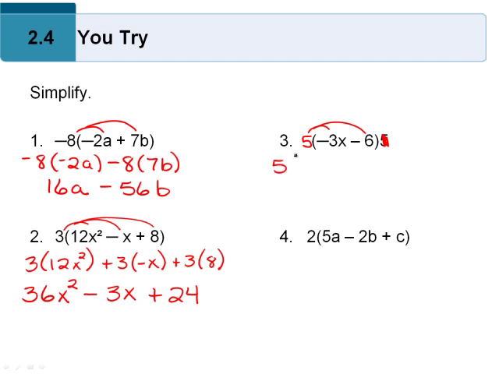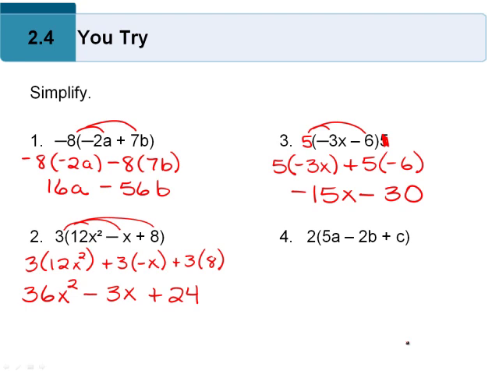So I have 5 times negative 3x, and then a positive 5 times a negative 6. So 5 times negative 3x is going to be negative 15x, and 5 times negative 6 would be a negative 30. And those are not like terms, so you're done.